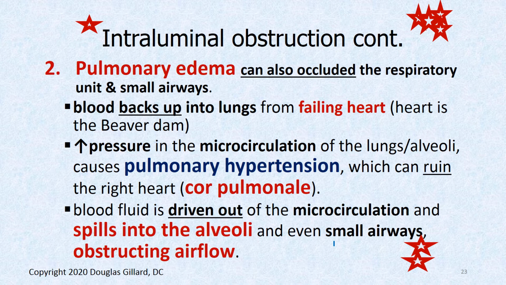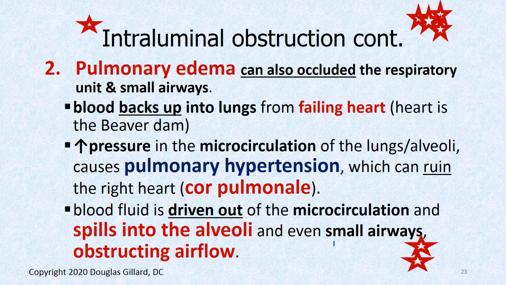Another type of stuff that can fill up the lumen is edema. You can get pulmonary edema, and we've talked about that before. If you have a beaver dam, let's say your heart is failing or your left heart is failing, and you have a backup of blood waiting to get out of the lungs to get processed by the heart and get ejected, and that backup of blood is going to raise the pressure in the microcirculation of the lungs.